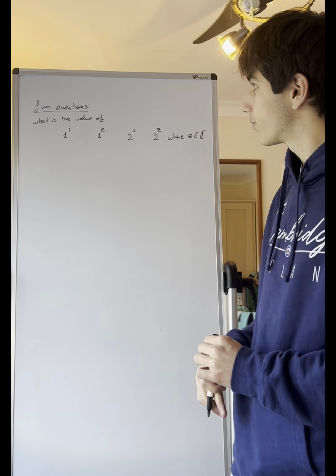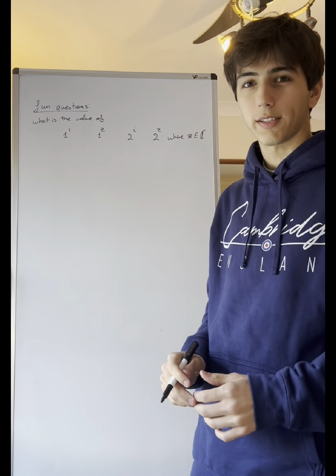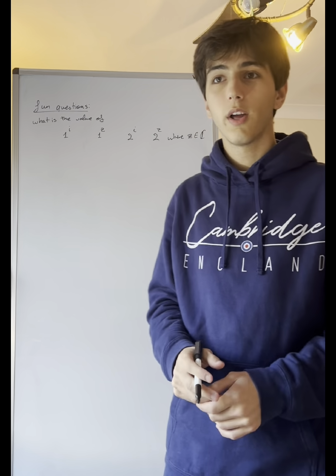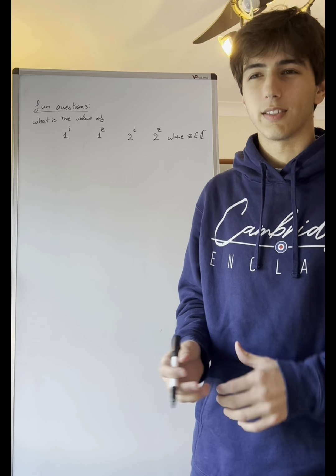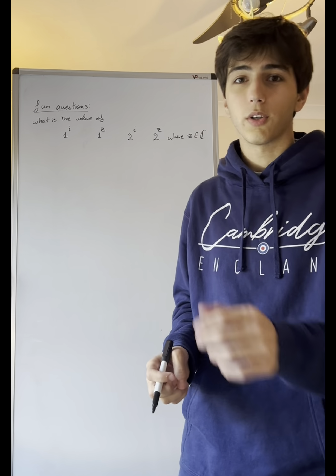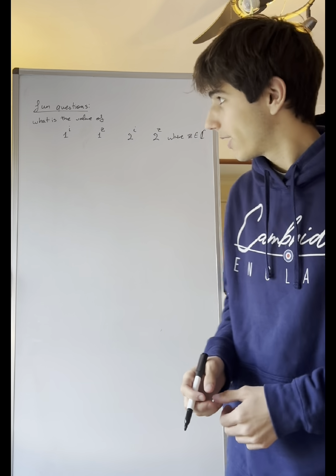And so we're starting with 1 to the i, and then 1 to any complex number, and 2 to the i, and 2 to the z. If you want to give them a go, pause the video and have a go at it, but it's a bit tricky to find the first step, so you might want to pause the video after I do the first one and then try the next ones yourself.